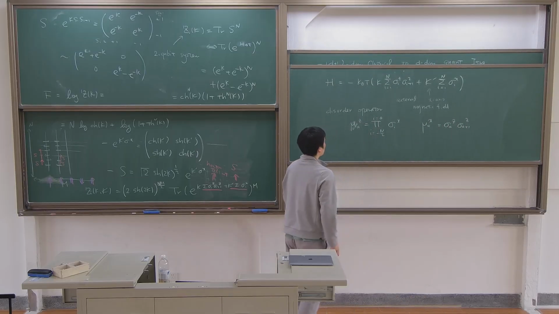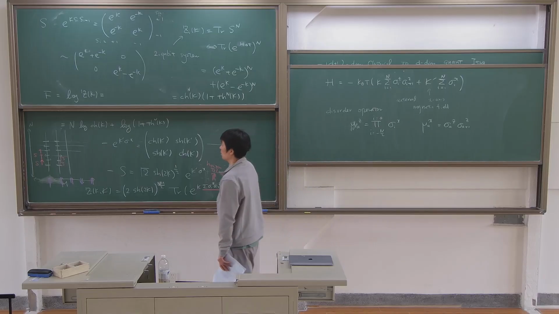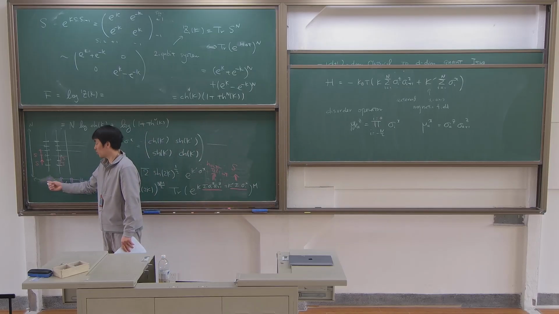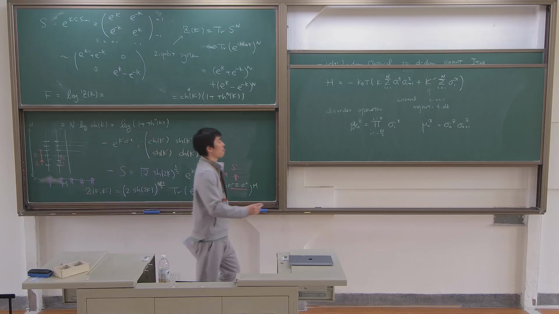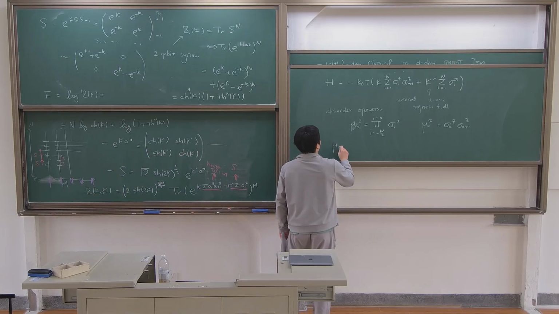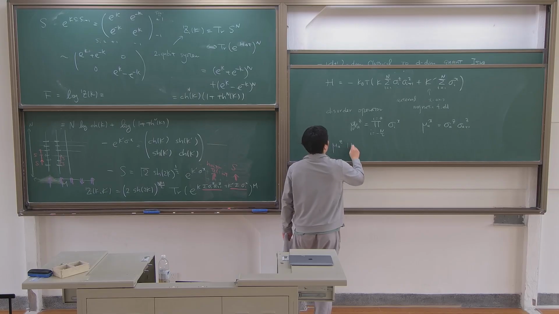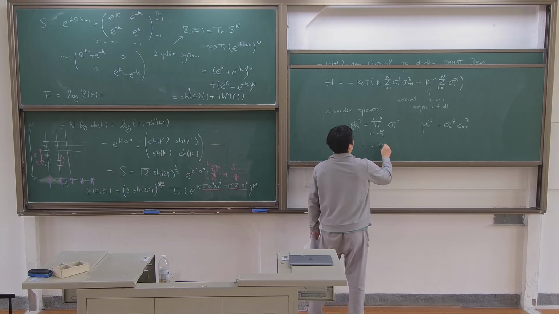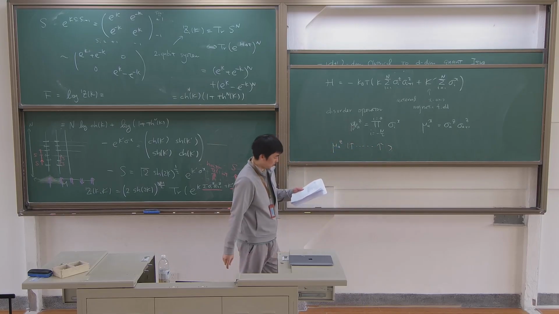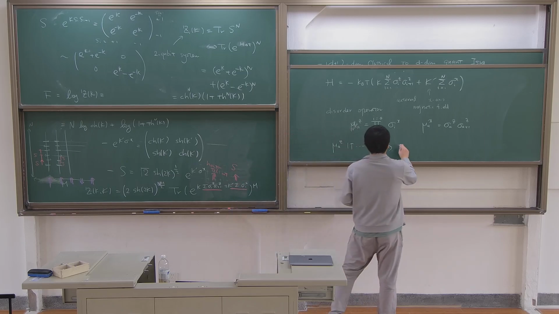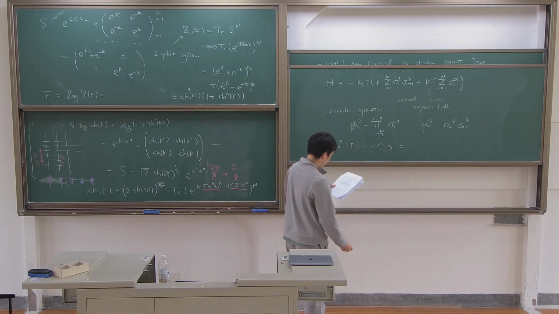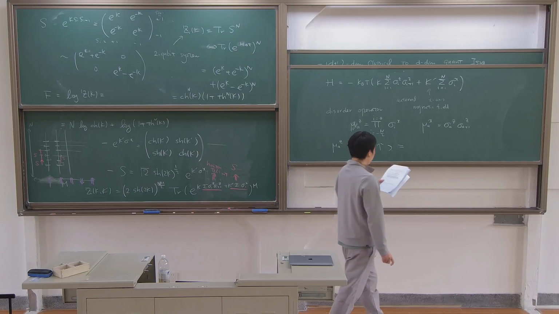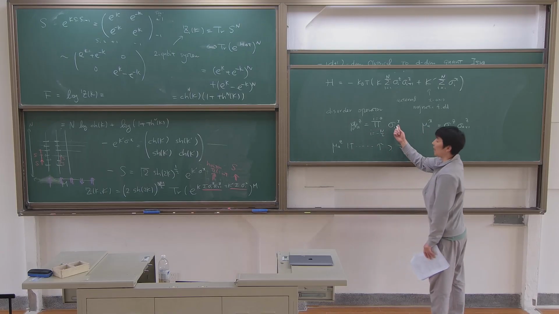So if all the states are spin up, all the qubits are spin up, then mu A of Z acts like this way.